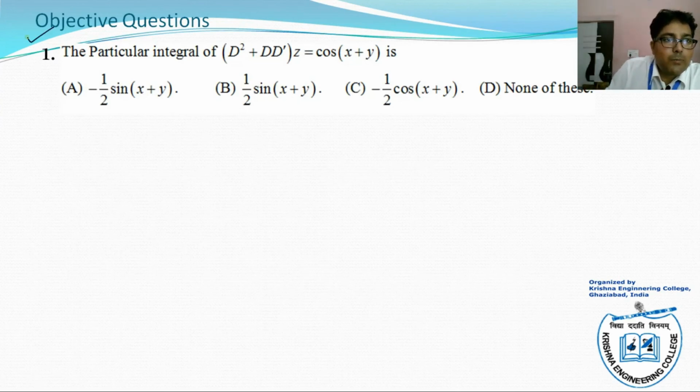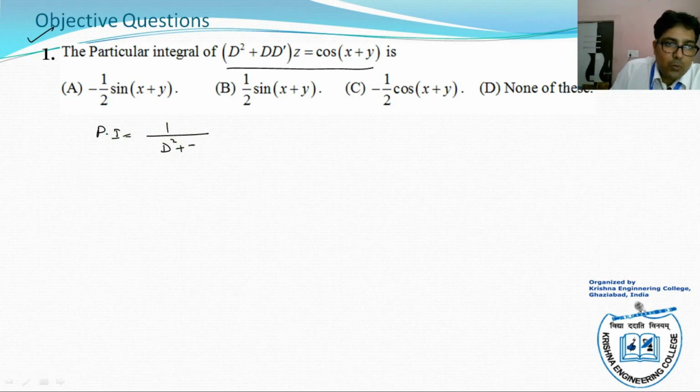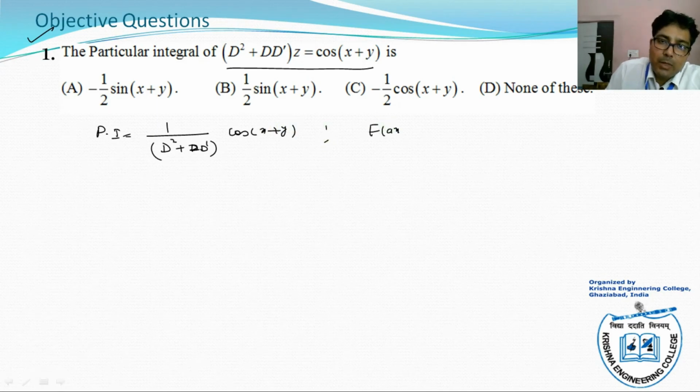These are the objective problems. We then find the PI. In this case, PI is 1 upon (D square plus D') cos x. This is the first case, for ax + by. So replace D by a and D' by b. This becomes 1 plus 1 is 2.